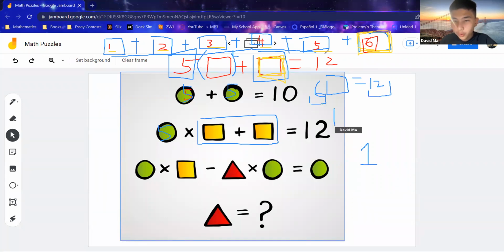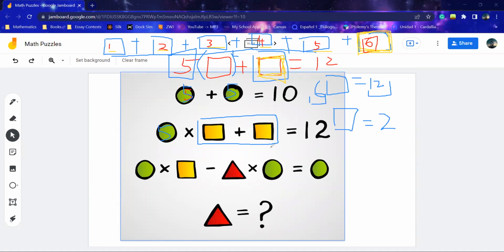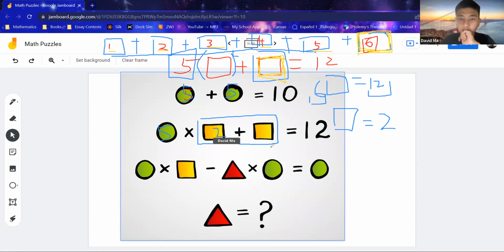We get a single square here. And when we divide the other side by 6 as well, we get 2. Do you understand this, Joyce? Yes. All right. So each square equals 2.